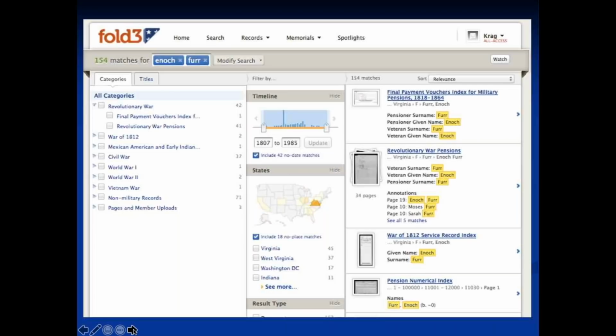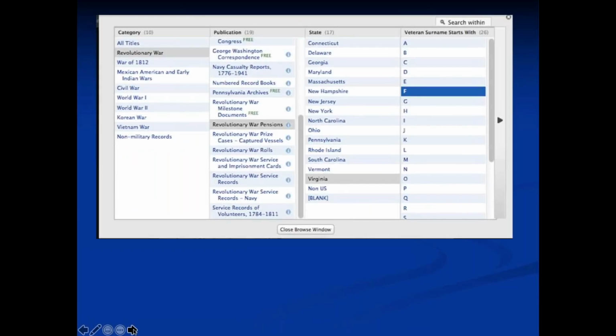This is Enoch Furr, and you'll find that there may be a payment voucher, an index to a final payment voucher out there. There may be a Revolutionary War pension. You want to look at both of them. The pensions are by state of service, not the state where they were residing at the time they applied for their pension.